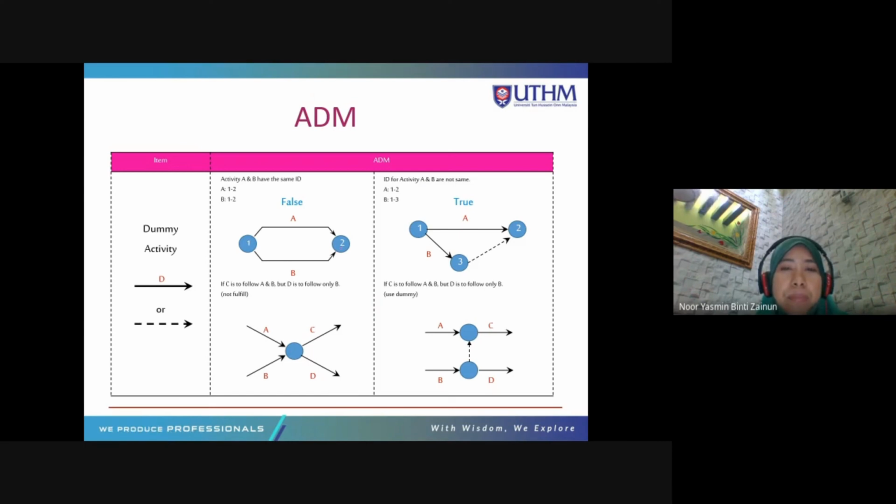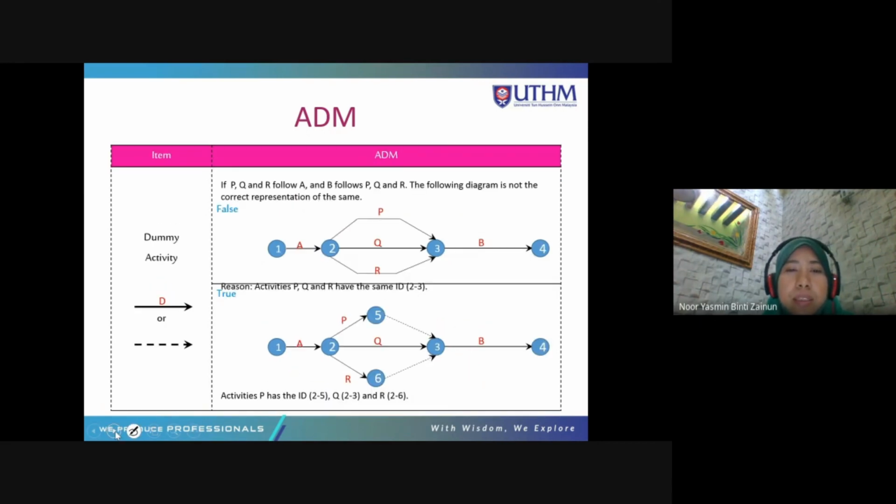So this is false, okay? You cannot put 2 activities together joining at one node. Okay, you cannot. Like the example I did just now. If you do it like that, it doesn't work, I'm saying. Okay, you cannot have 2 activities together joining at one node. So you need to create one more dummy. Okay, same here.